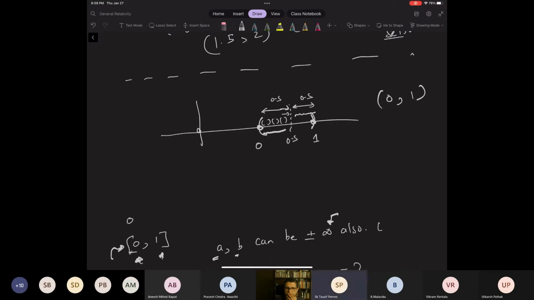So 0.5, just a single point, right? Oh, sorry. If these are disconnected intervals, then they have no overlap. I made a mistake.